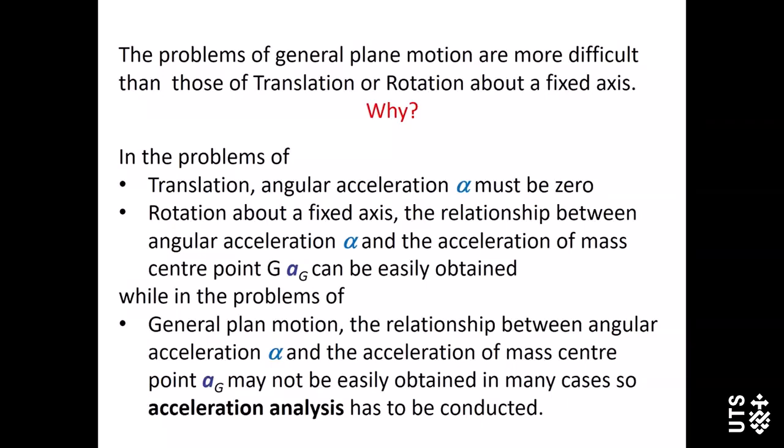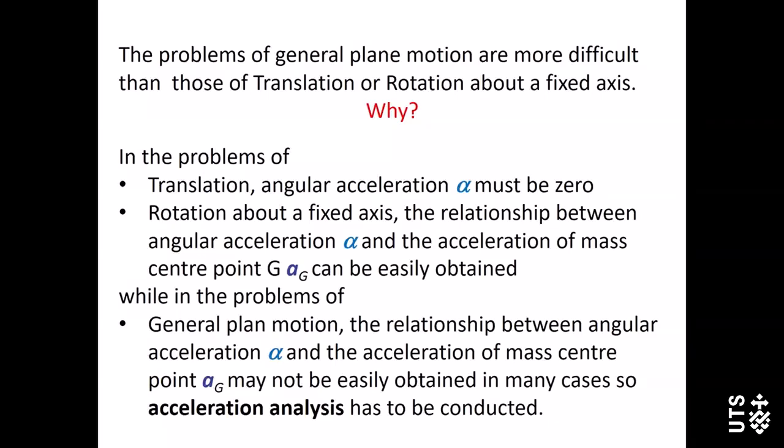In the problems of rotation about a fixed axis, we know the relationship between the angular acceleration alpha of the rigid body and the acceleration of the mass center point G, a_G, of that rigid body.